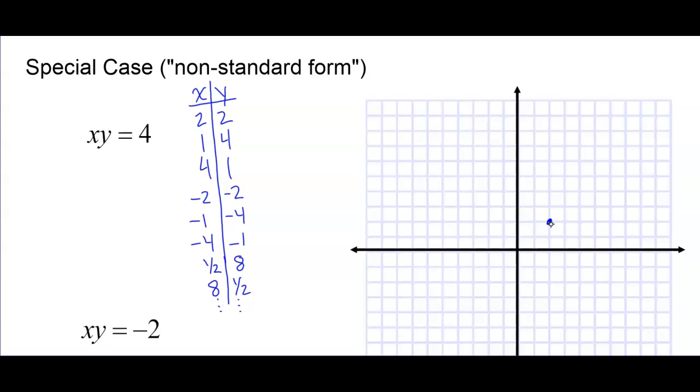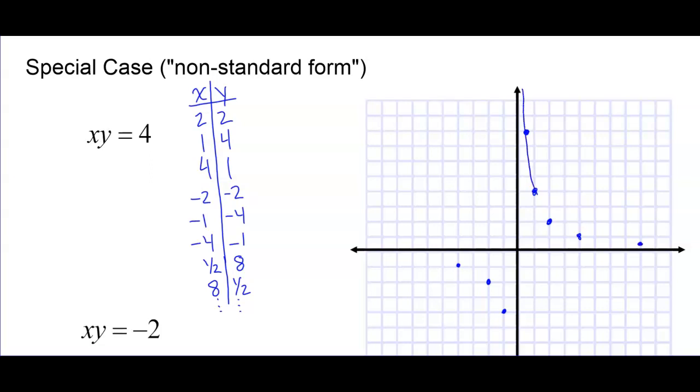dots. So 2, 2 is there, 1, 4 is there, 4, 1 is here, -2, -2 is there, -1, -4 is that one, -4, -1 is that, 1/2, comma 8 is like there, 8, comma 1/2 is like there, and eventually if you do enough of these dots, you can start to see what type of hyperbola we're talking about.